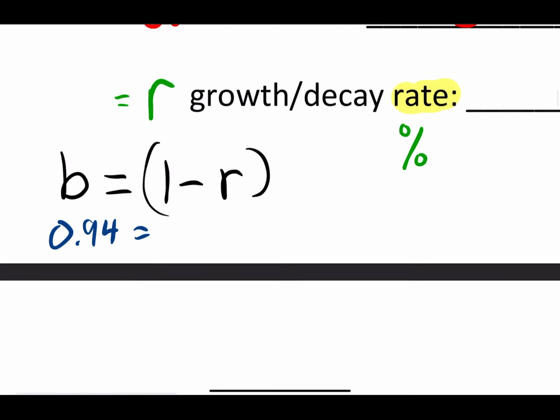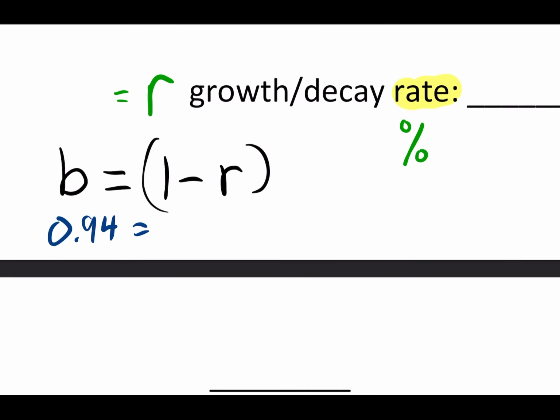If I end up with 0.94, 94%, then 100% minus something created 0.94. Well, 1 minus 0.06 created 0.94. And if it is a little difficult to see that 1 minus 0.06 becomes 0.94, you could use your calculator.